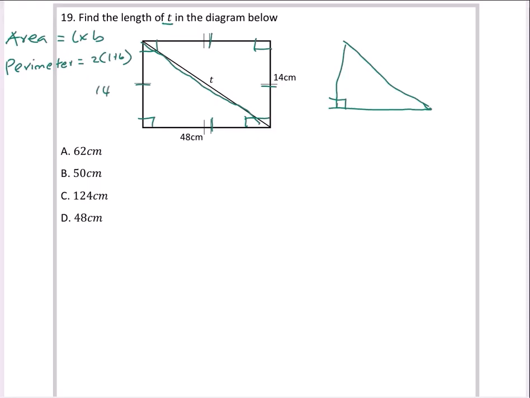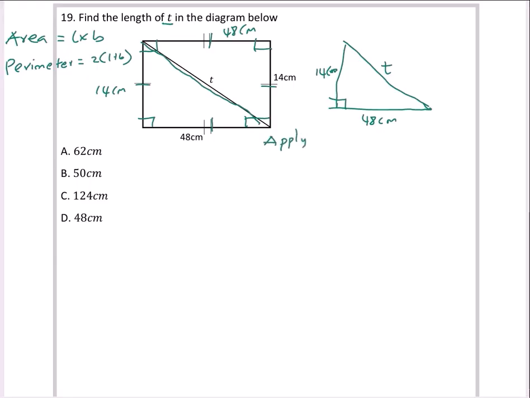So here is 14 cm as well, and here is also 48 cm. So let's translate those information here. So here is 48 cm and here is 14 cm, and then here is T. This is now a right angle triangle, and for us to solve for this diagonal, this T in a right angle triangle, we can apply Pythagoras theorem.